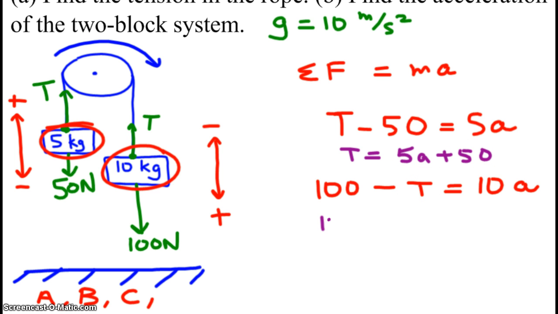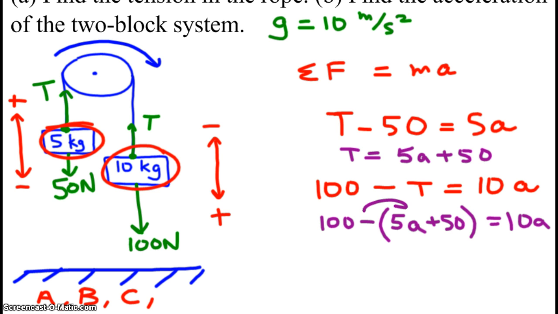When I do that, I get 100 minus (5a plus 50) equals 10a. Then I have to distribute the negative, like adding negative 1, to both things in the parentheses, by the distributive property. And we get 100 minus 5a minus 50 equals 10a.